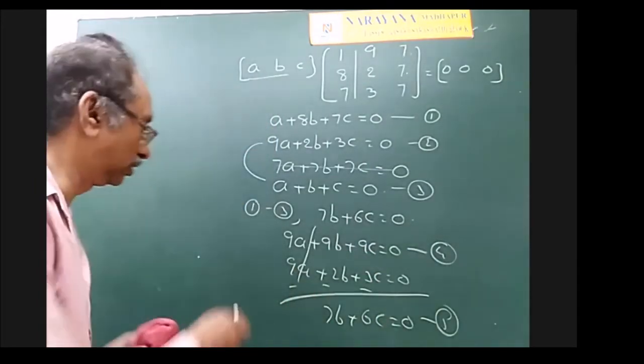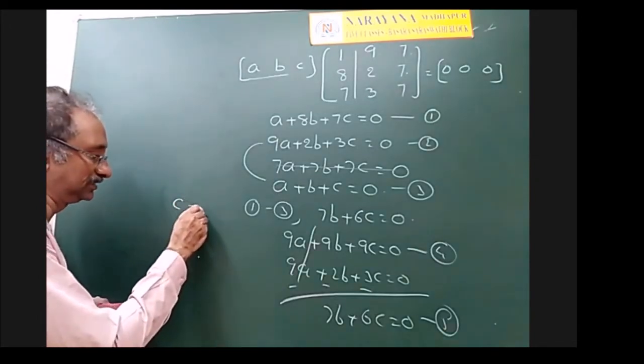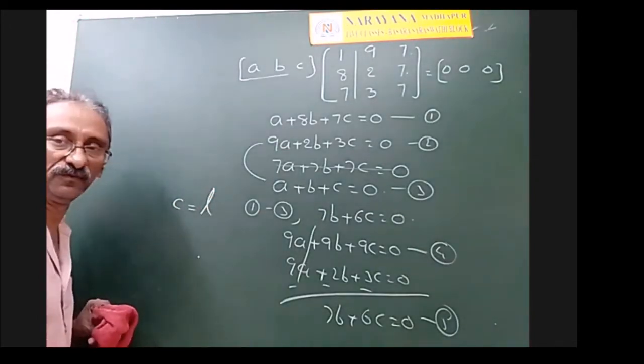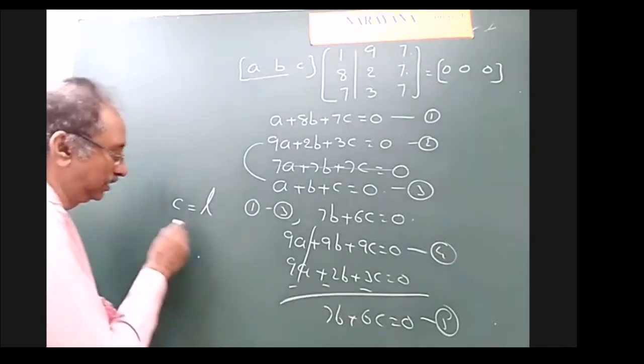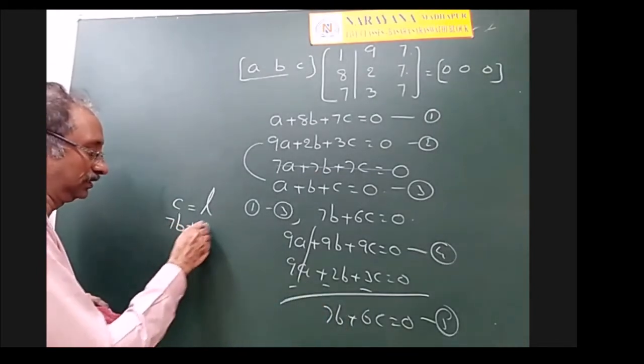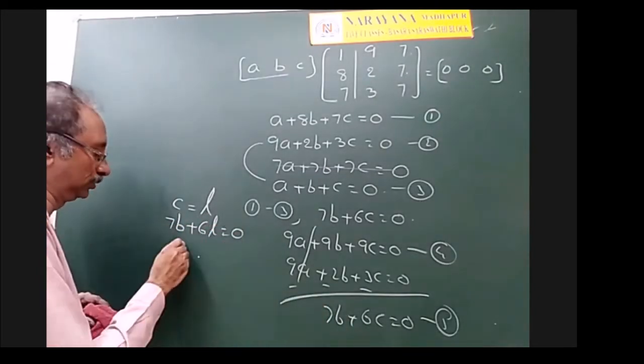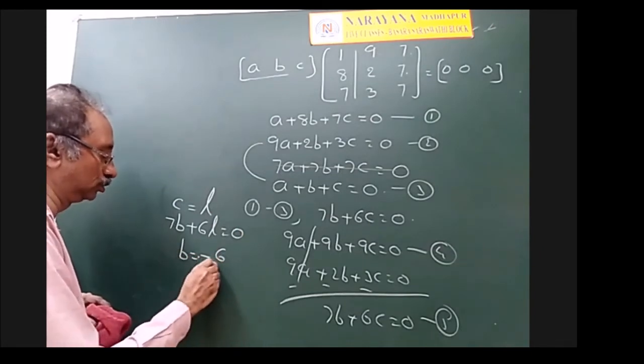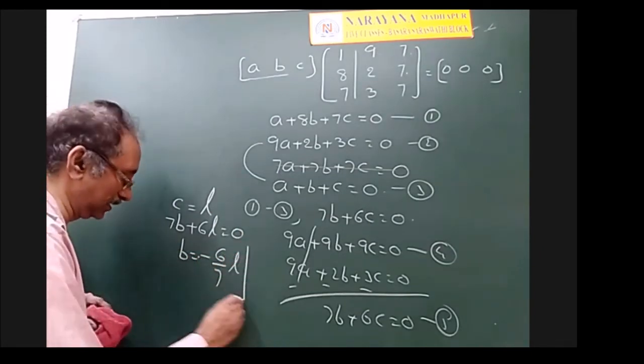And therefore, whenever I take C is equal to L, then 7B plus 6L is equal to 0, or B is equal to minus 6 by 7L.